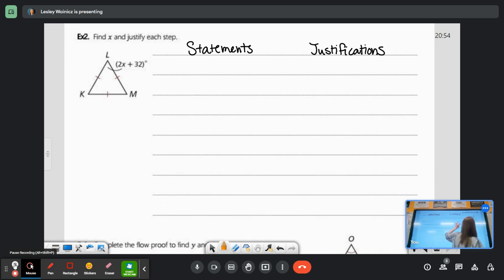We know that the measure of angle L is 2x plus 32.